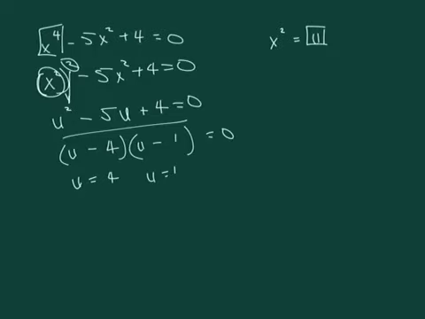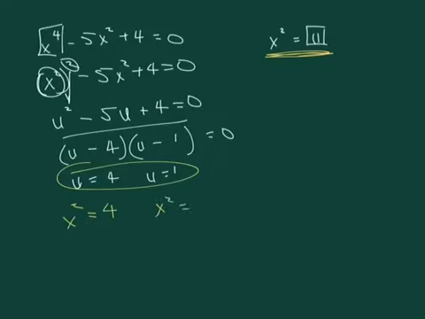What we're going to do is look at this equation here, and instead of putting a u there, we're going to put the numbers that we found. So x squared equals 4 and x squared equals 1. Square root of both sides, x equals plus or minus 2, and x equals plus or minus the square root of 1, which is 1.